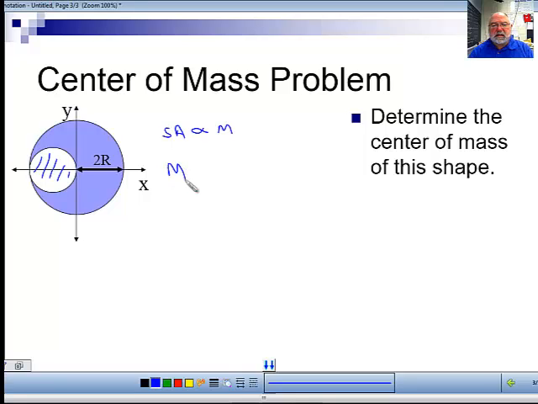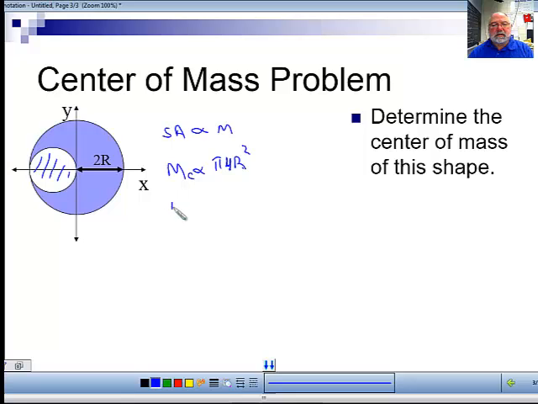Well, what that says is the mass of this big disk, and let's assume that the cutout is still there, that we put the piece back in. So the mass of the composite, the two of them together, is proportional to the area of this whole big disk, which is pi r squared, but in this case our r is 2r, so it's pi 4r squared. Okay, now how about this little missing part?